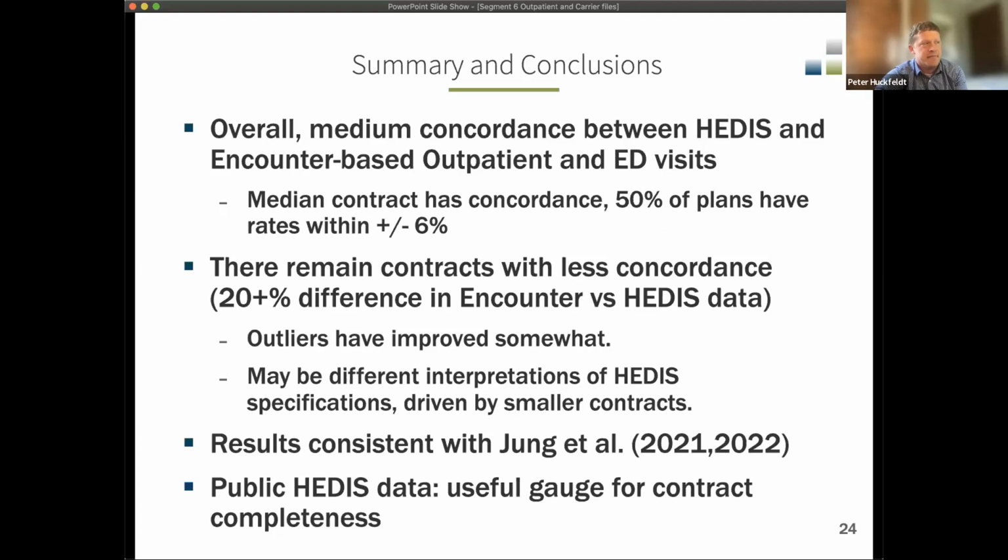Especially if you're doing an analysis that focuses on a specific insurer or a specific set of contracts, this is a good way to see, for the ED visits or the outpatient visits, how much correspondence there is between what plans are submitting for HEDIS and what's in the encounter data. That might guide your decisions about which contracts or plans you include in your analysis. And the nice thing is that even if you don't have the person-level data, you can still do this at the contract level. You can just download the public data from the CMS website.